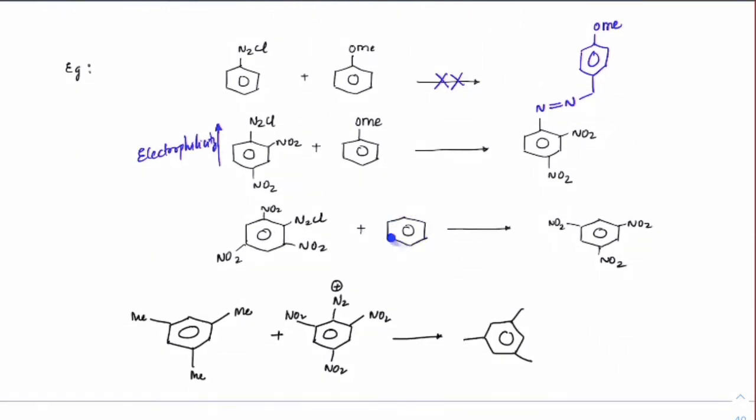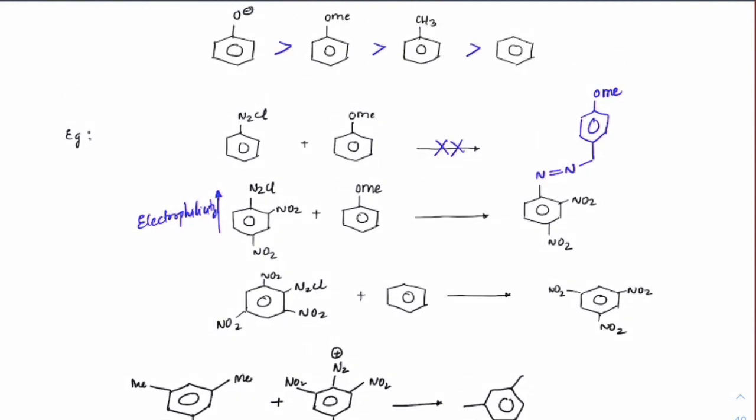Next, if you want to react even with benzene, which is not a great activated ring, but you have strong withdrawing groups like NO2 on all 2, 4, 6 positions, that will be sufficiently activated to make this reaction happen, and we'll have N double bond N and Ph.